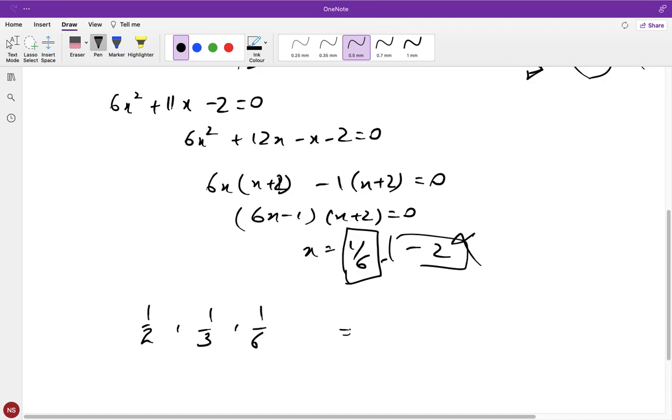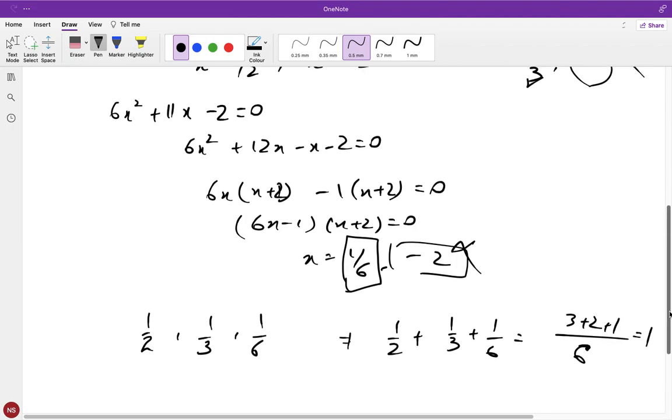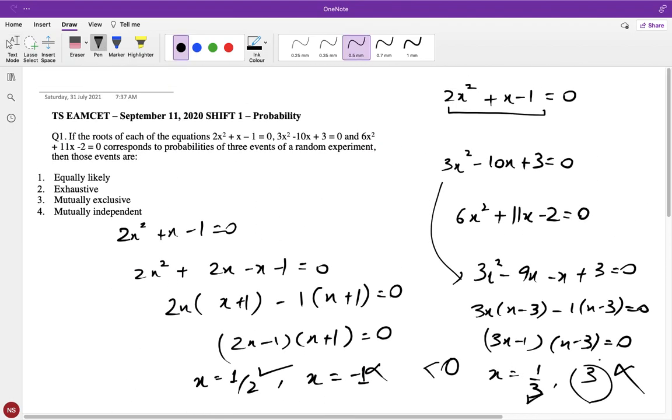If you add all of them up, what do you get? Over 6: 3 plus 2 plus 1. So it is equal to 1. So these three events capture all the possible probability, which is 1. So no other event is possible. Hence, exhaustive.